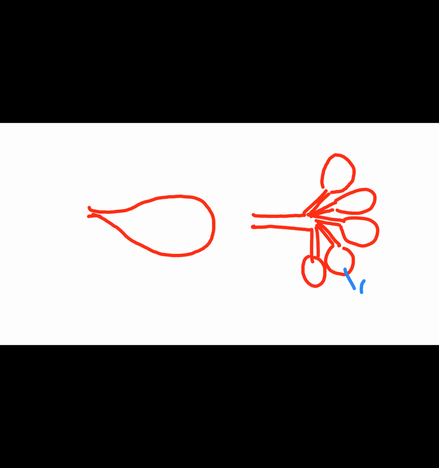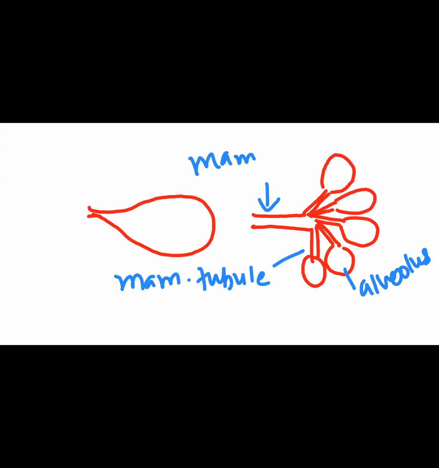Each one is an alveolus. These ducts are called mammary tubules. And all these mammary tubules of one mammary lobe join to form the mammary duct.